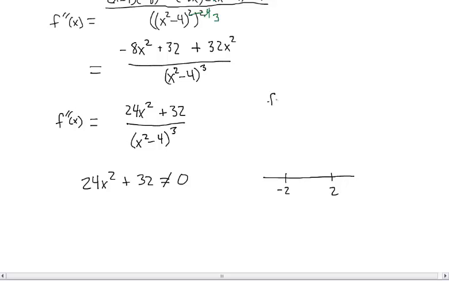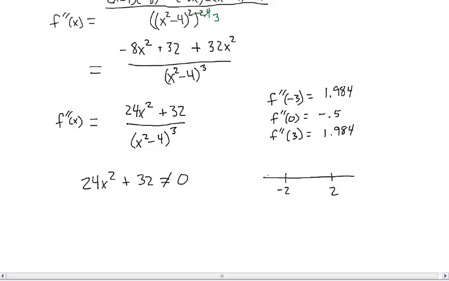And we want to find f double prime of −3, f double prime of 0, and f double prime of 3. And f double prime of −3 is 1.984. F double prime of 0 is −0.5. And f double prime of 3 is 1.984.